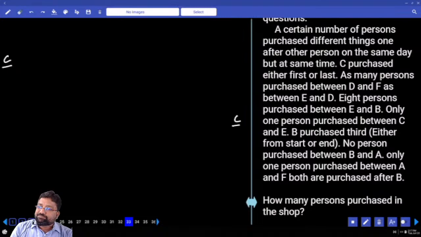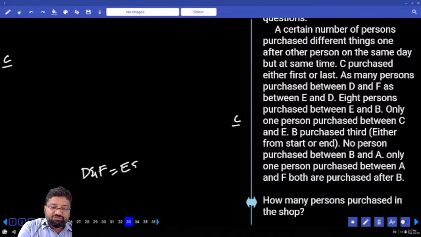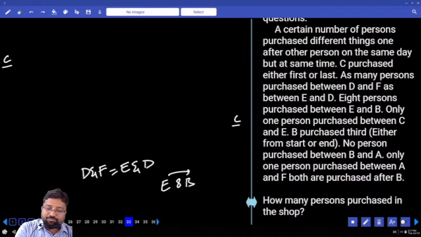Next, as many persons purchase between D and F as between E and D. Eight persons purchased between E and B. Only one person purchased between C and E.